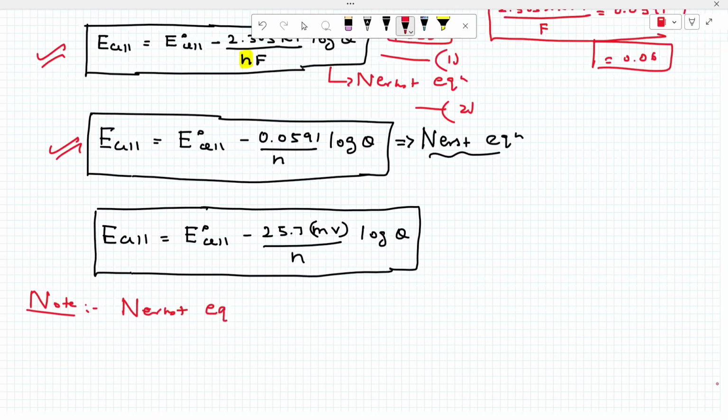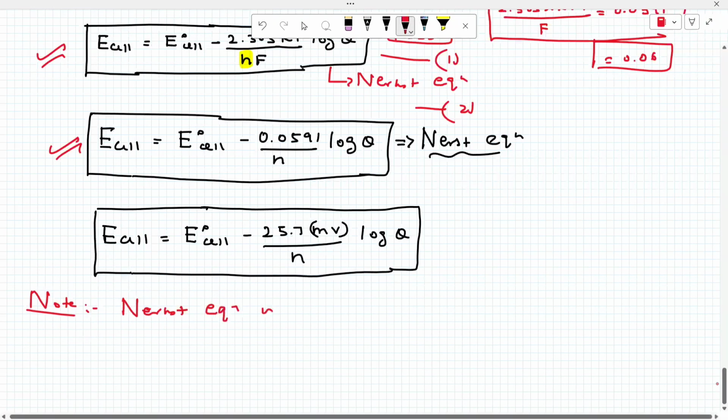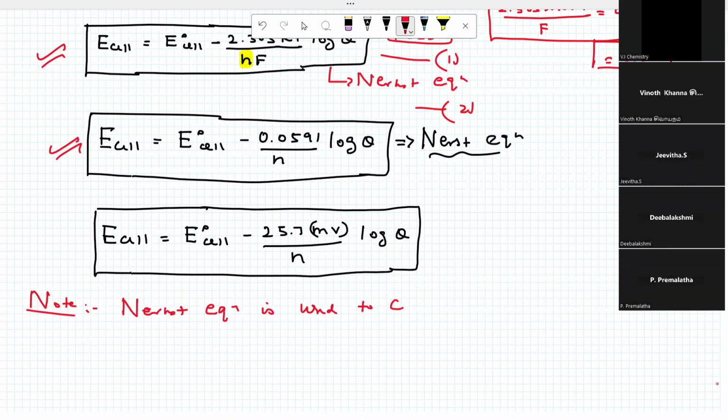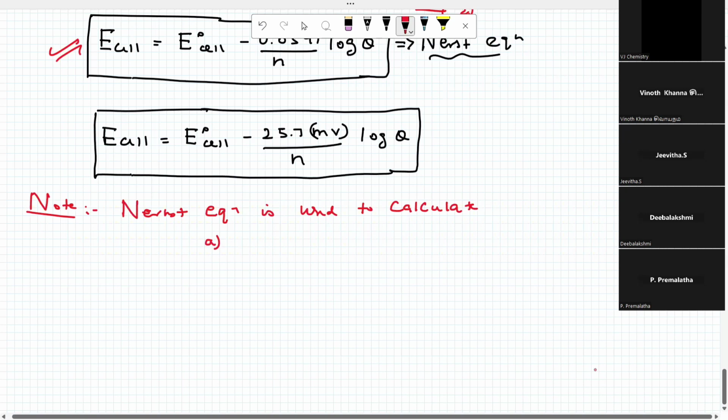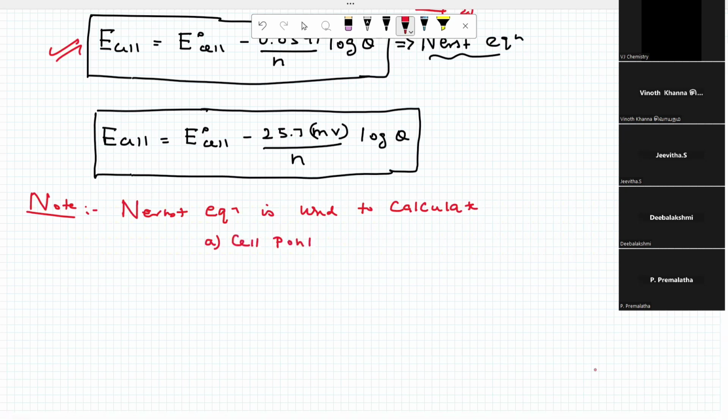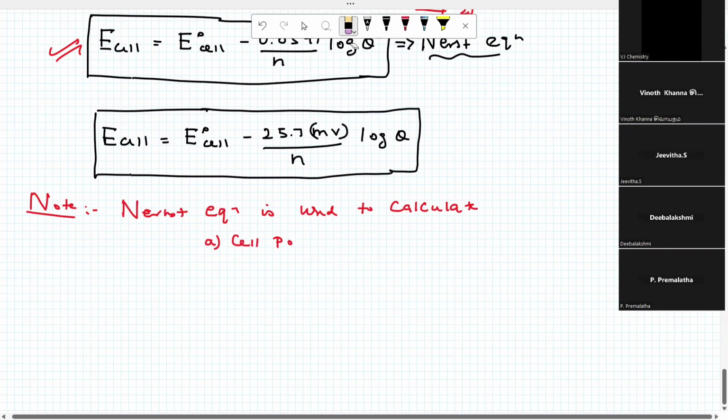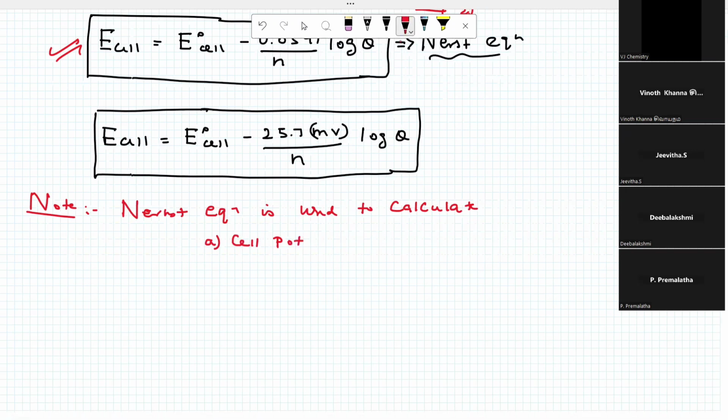The Nernst equation is used to calculate, first, the cell potential, that is, the overall cell potential. We can find the overall cell potential, and we can find the cell reaction potential.